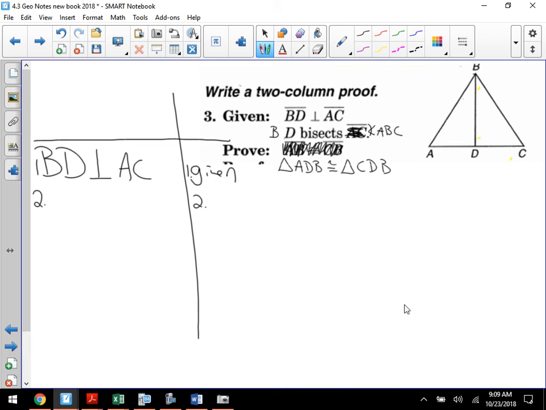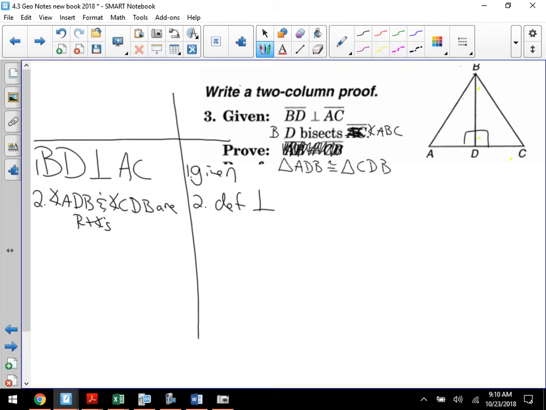So now if I'm looking at BD and AC being perpendicular, this is where we go to our diagram and we draw that little rectangular box so that we know which ones are which. Those two are my right angles. So I label them. Angle ADB and angle CDB are right angles. Definition of perpendicular. I was looking at the word given as I was writing it down.